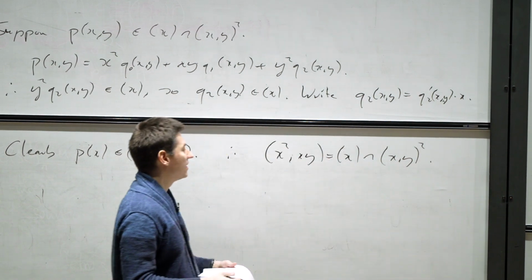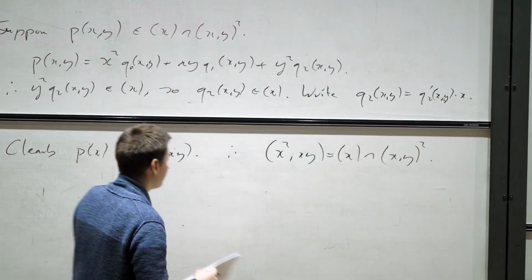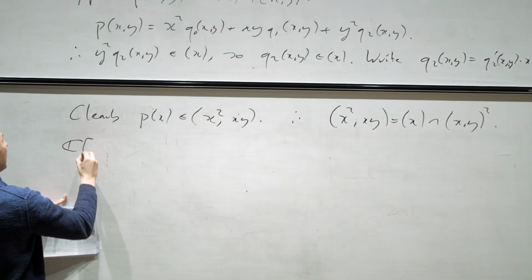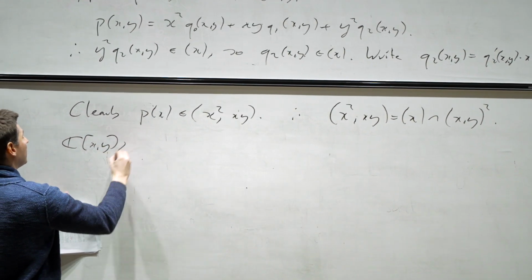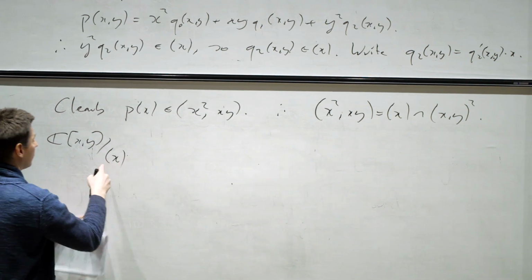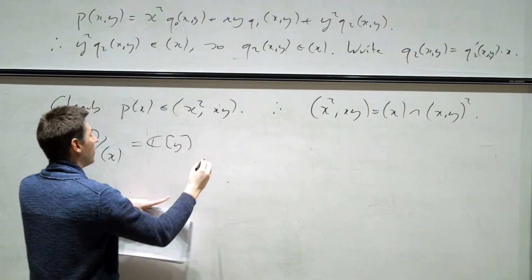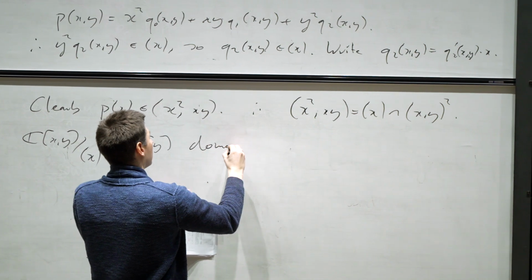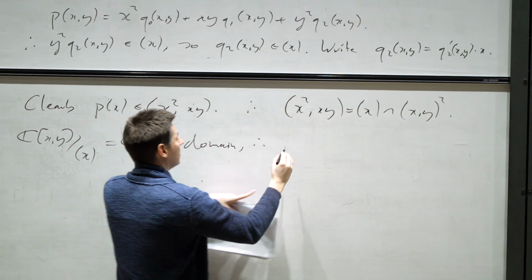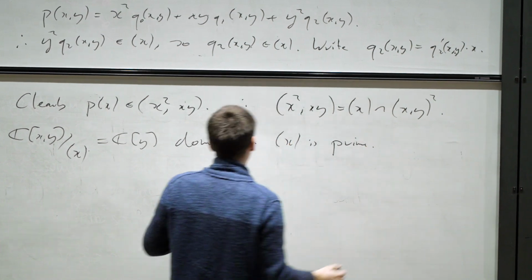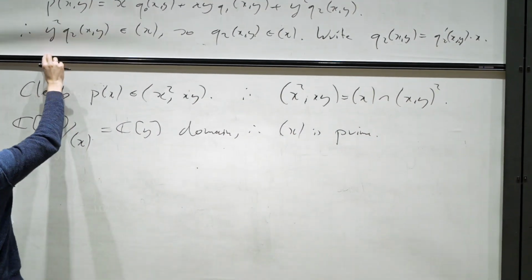Now we need to check that these ideals are primary. Okay? So let's do that. So C[x,y] divided by the ideal generated by x is just C[y], which is a domain. Conclusion, this is a prime ideal. Okay? Now what about the other ideal?